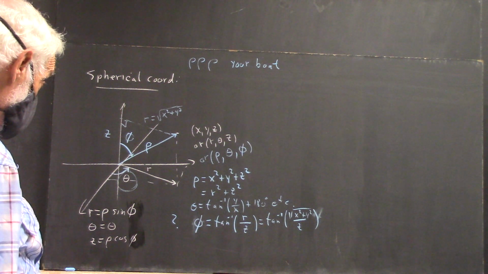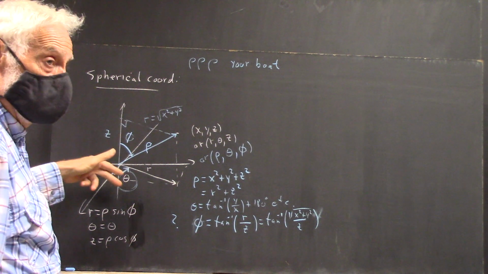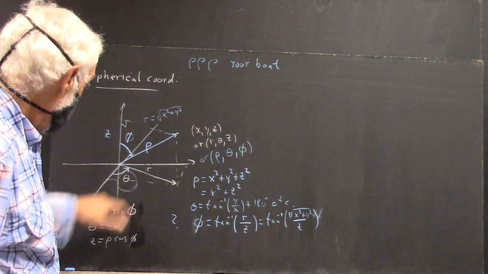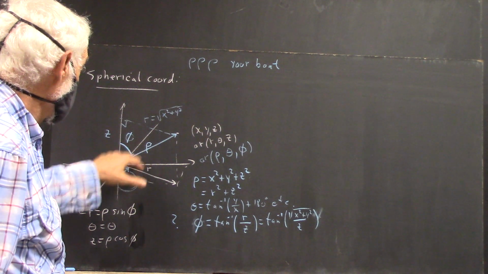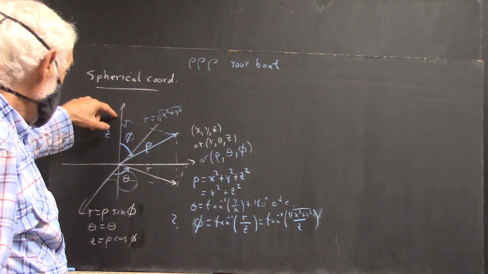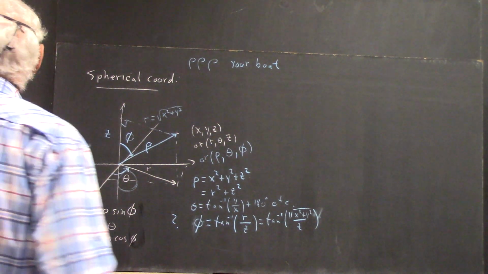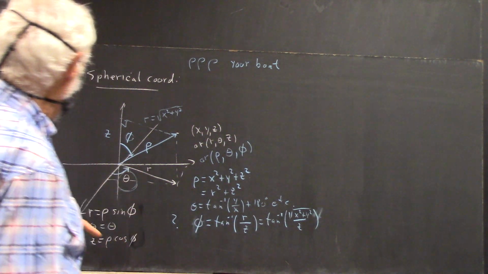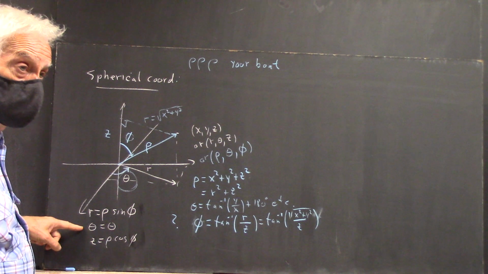Again, that should be obvious from this triangle, and the fact that this is equal to r. Okay? So clearly, take the hypotenuse times the sine, you get the opposite side. Take the hypotenuse times the cosine, you get the adjacent side, which is z. Okay? So spherical coordinates shares one coordinate with cylindrical, right?